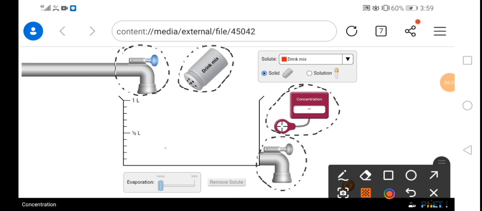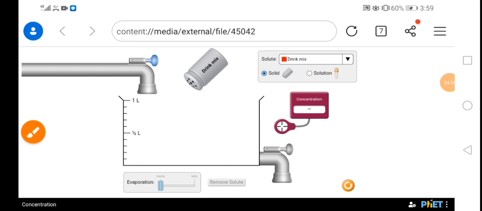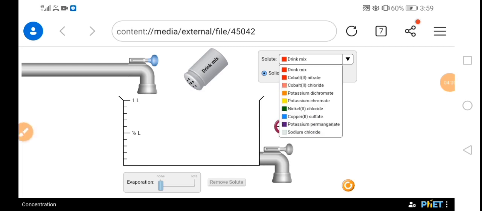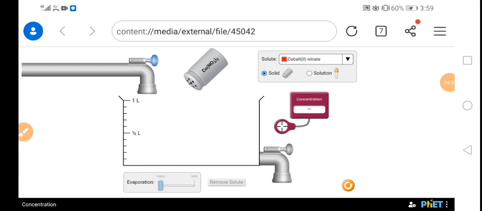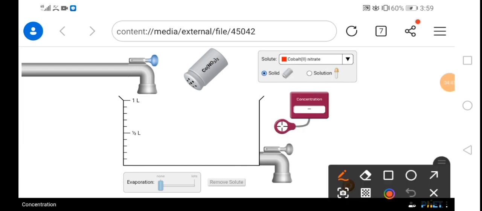Now, without wasting time, I am going to change the solute to use. I am going to use cobalt 2 nitrate. So here I am going to have cobalt 2 nitrate as the solute.